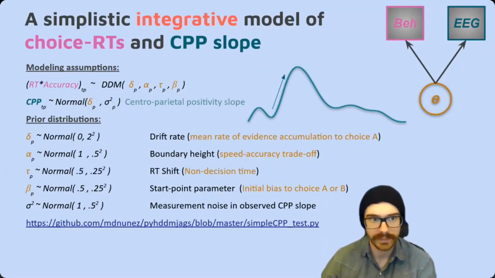So if we observe choices and response times on single trials t for every participant, and these come from a drift diffusion model with drift rate, boundary, non-decision time, and the start point parameter for every participant p, but we also say that the CPP slope on single trials comes from a normal distribution with mean drift rate for every participant, then we can predict both observed EEG on single trials and observed choices.